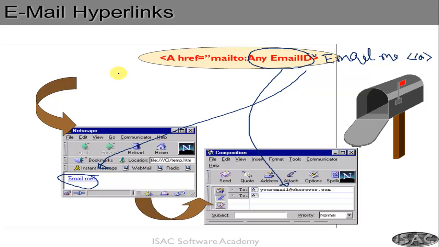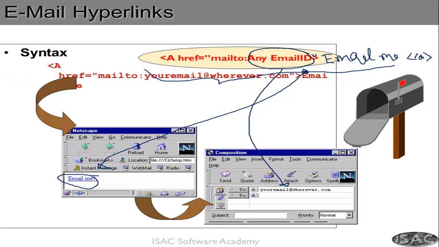The whole thing comes like this, email me. So when you write something like this, it appears like this, and when the user clicks this, whatever was here will come inside the user's email client window. So try it out in your browser and see how it works. The reference is a href mailto your email at wherever.com, email me, and then it comes like this.